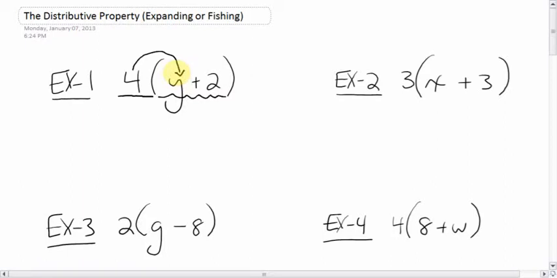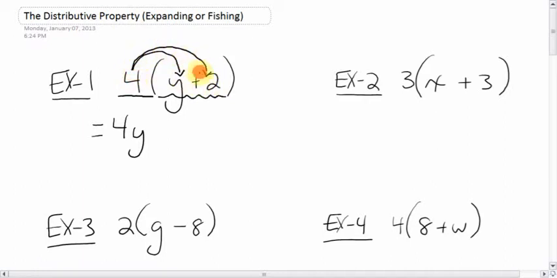Does for me. Anyways, so what you do in this case is 4 times y, which is 4y. We don't know what y is, so it's just 4 times y, 4y, like we did before. So it distributes to that, and then the 4 will then catch this fish, the +2.